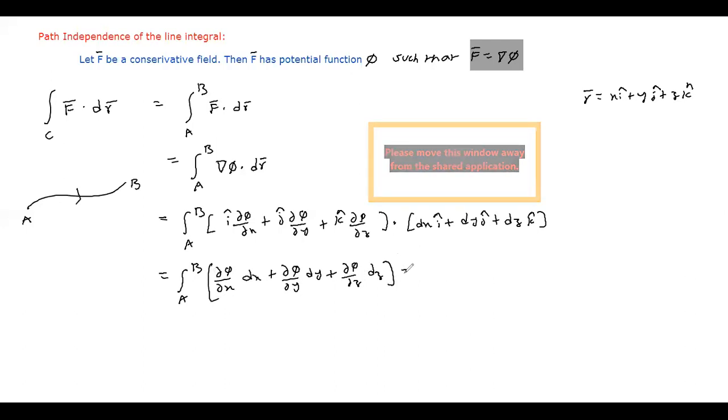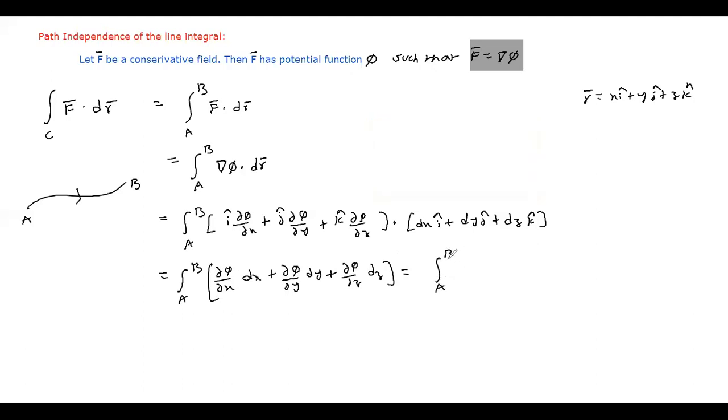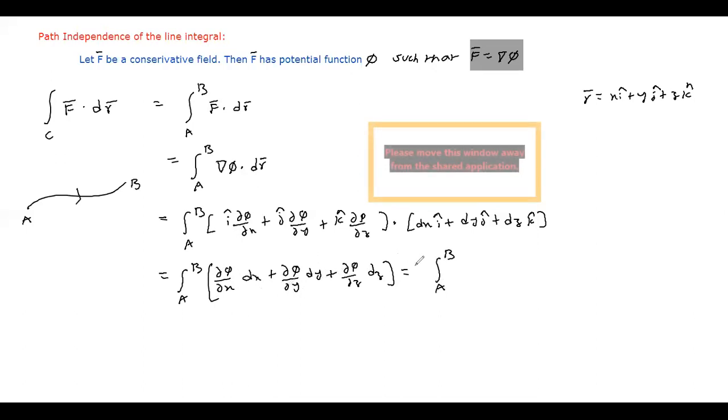Now can you identify this expression? What is dou phi by dou x into dx plus dou phi by dou y into dy plus dou phi by dou z into dz? Can you tell me?